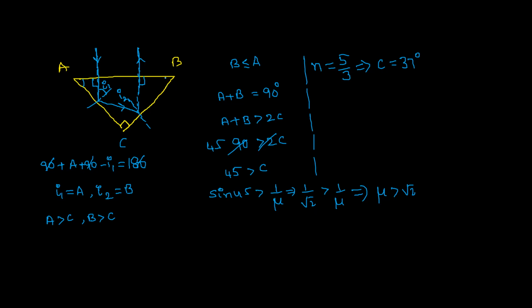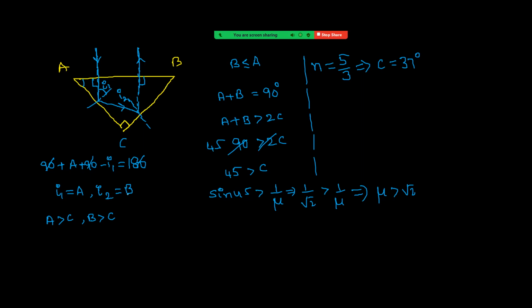If B value is 30, now see carefully what happens. A value is 60, right? A is 60 means here the angle of incidence equals 60, because I1 equal to A. So angle of incidence is 60. C value is 37. So 60 is greater than 37, so light undergoes total internal reflection here. Coming to this point, I2.